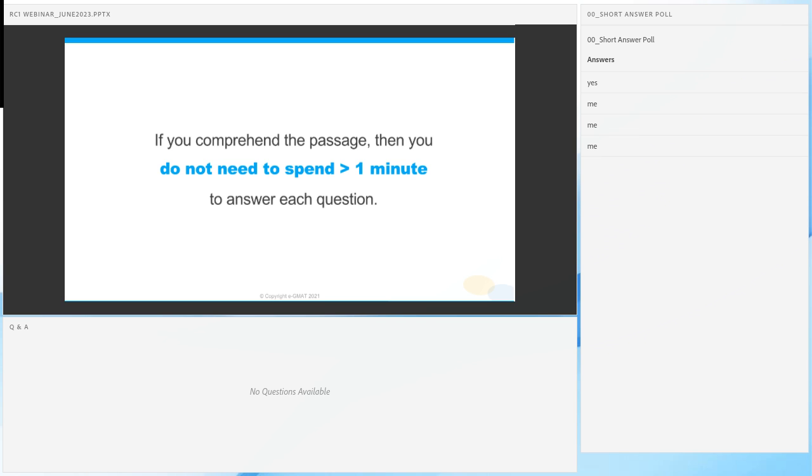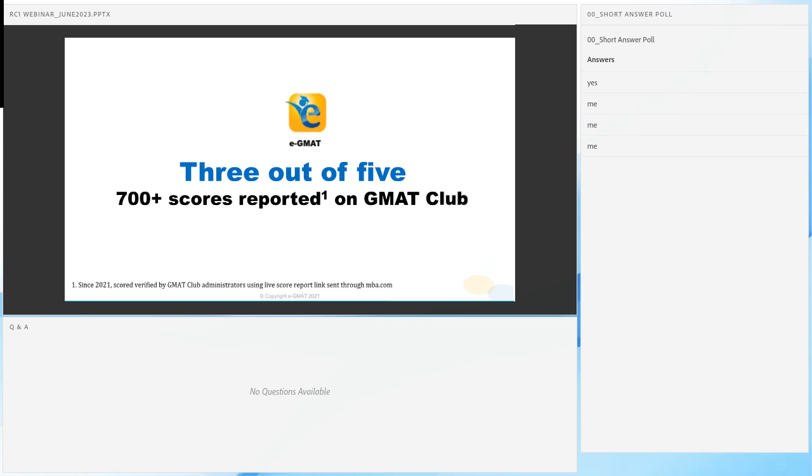If you comprehend a passage really well, you'd get to the answer in 45 seconds or so. And I'm saying this because over the last 4 years, we have delivered the lion's share of success reported on GMAT Club. In fact, if you go back the last 4 months, this 3 out of 5 is more around that 70 to 73%.